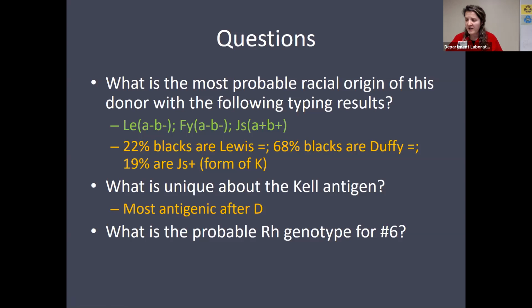I think it's supposed to be JS. JSA, JSB is in your Kale family. Most of your population is going to be positive. They're public antigens. Most of your population is going to be JSA positive, JSB positive. All right, so if you look at cell number 6, what is your Rh genotype?